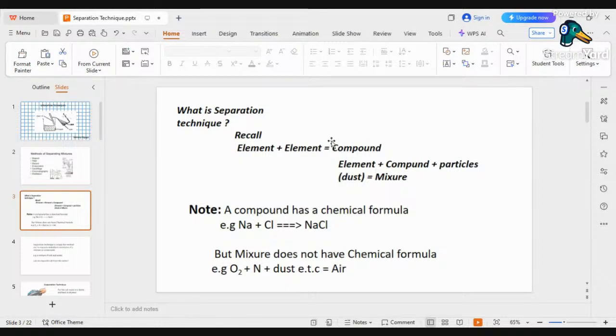So I repeat. Recall that element plus element gives us compound, right? Element plus compound and other particles like dust give us a mixture. So what is the difference between a mixture and a compound? A compound has a chemical formula, a mixture does not have a chemical formula.